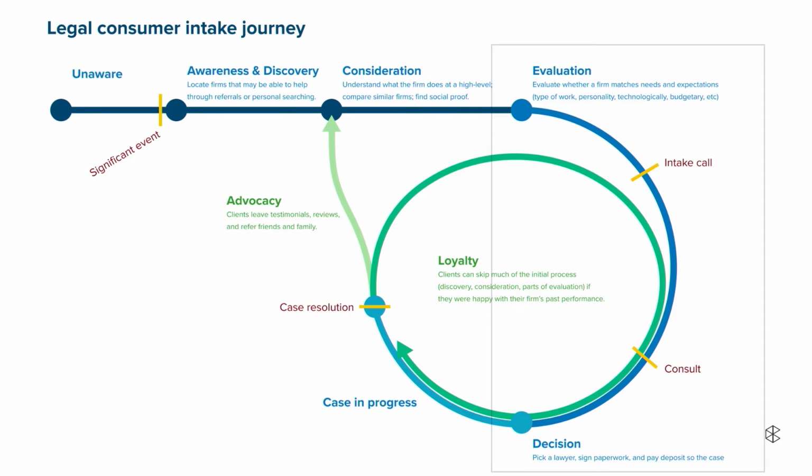Another stage is the consideration, where they're trying to find social proof of a law firm to build that credibility. In the evaluation phase, we see they're looking for the practice area, budgetary concerns. And then oftentimes from this moment onwards, there's an intake call, maybe a consultation, either free or paid. And of course, it wraps up with a retainer agreement or an engagement letter. And then from that moment onwards, we start the litigation cycle.